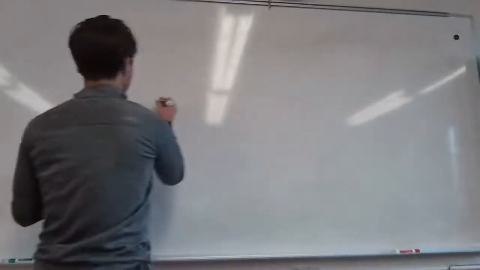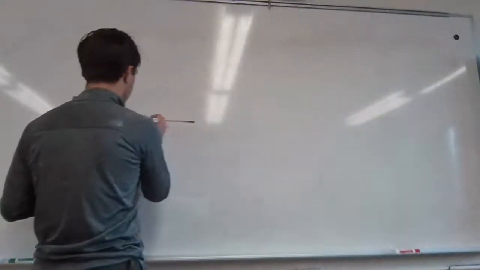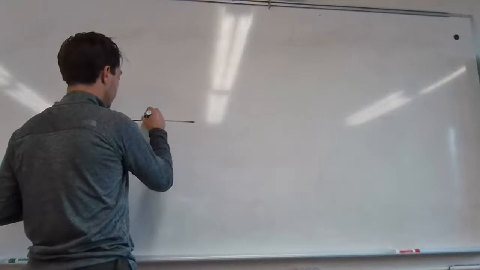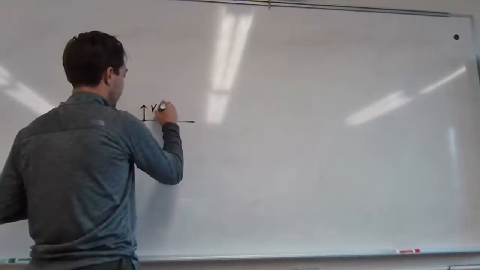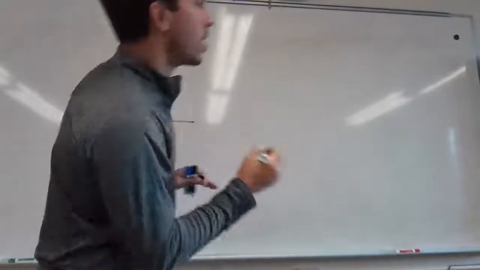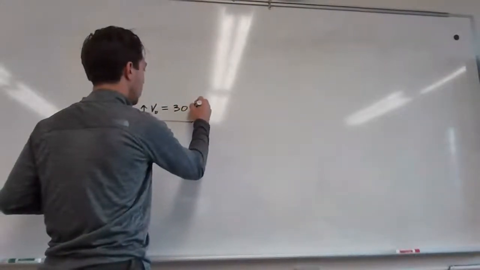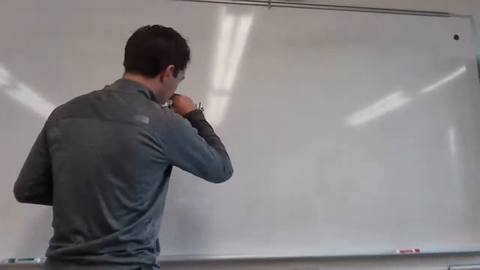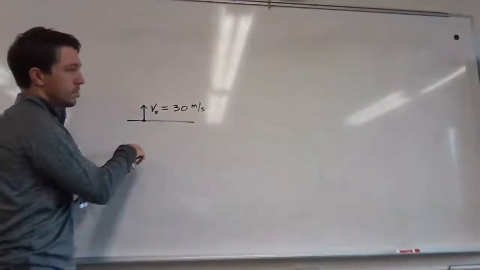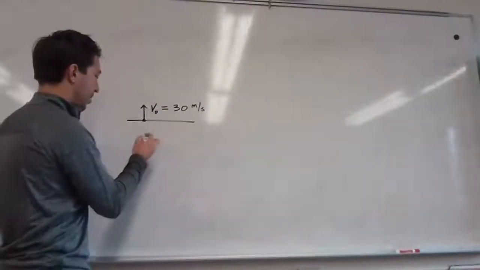Okay, so recap on 34. A projectile is shot up from ground level. Initial velocity is 30. So let's just quickly recap everything.